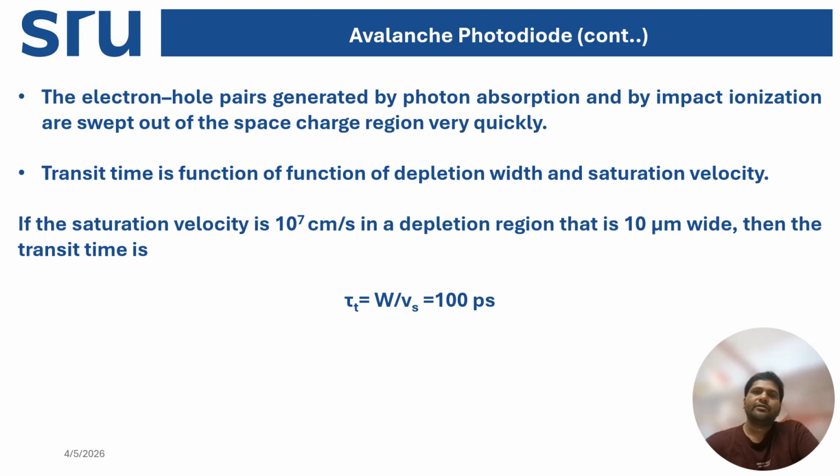This strong electric field is key to avalanche action. Photon absorption: when light enters the device, photons are absorbed in the intrinsic absorption region, and due to this absorption of light the device generates electron hole pairs.